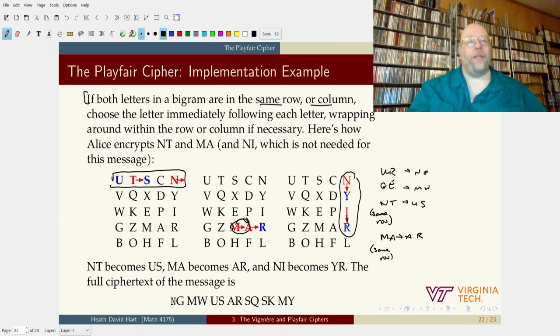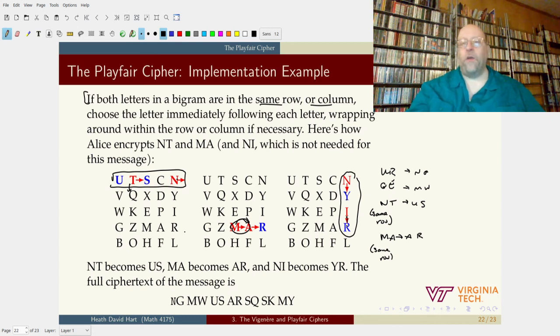If T is in the same row with its partner, then it advances to an S. But if it's in the same column with its partner, it goes down to a Q. And if it's in neither the same row nor the same column as its partner, then it flips across a diagonal and shows up somewhere else in the matrix.